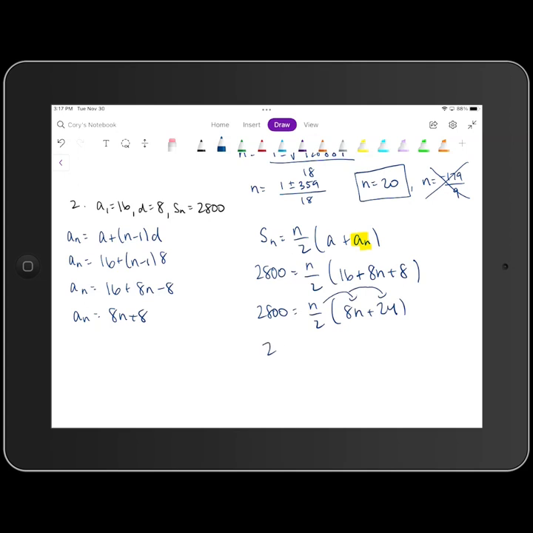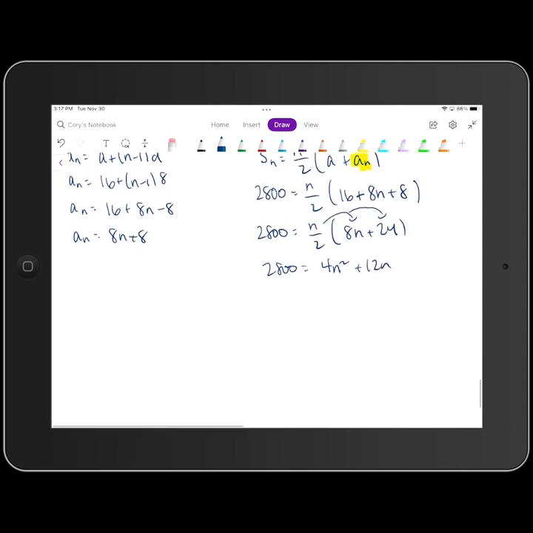Okay, so that's going to give me 2800 is equal to, when I distribute, I get 4n squared plus 12n. And then I'm going to move everything to one side, so we get 4n squared plus 12n minus 2800 is equal to 0.